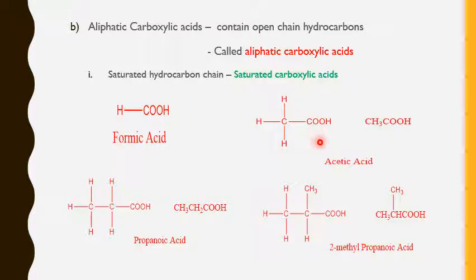A saturated carboxylic acid must contain only sigma bonds in the hydrocarbon part, not in the functional group, because the functional group contains a carbonyl group where C double bond O is present, which contains unsaturation. Since we are discussing the classification based on the R group, we should look at the unsaturation in the R group. So of course it is an open chain structure without any unsaturation. Therefore it is taken as a saturated carboxylic acid, and it is famously called acetic acid.